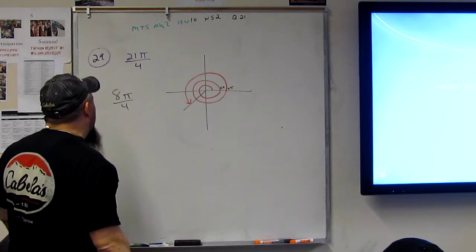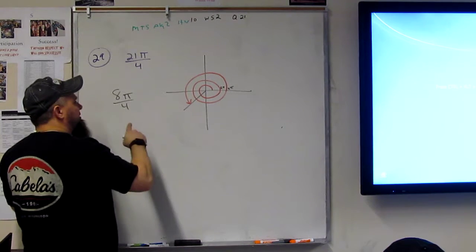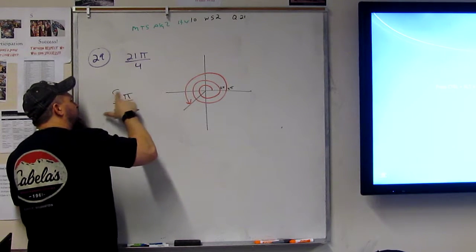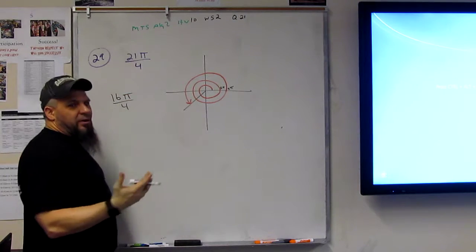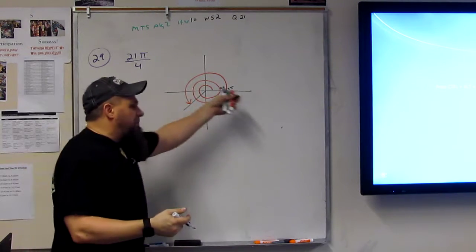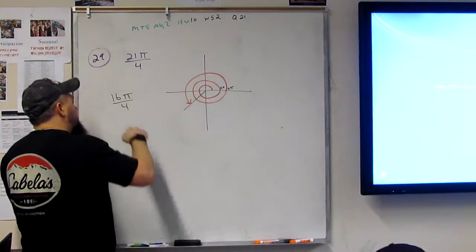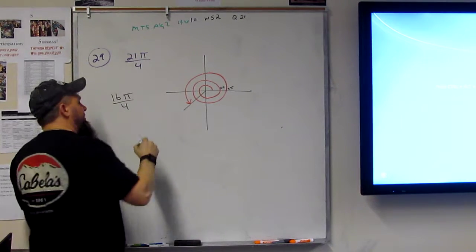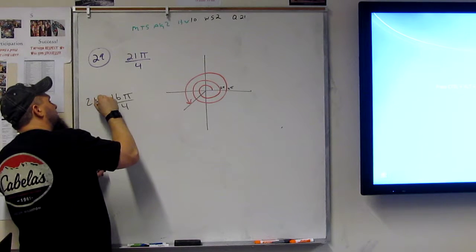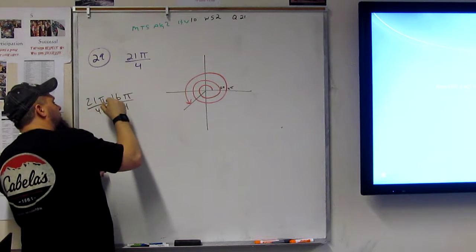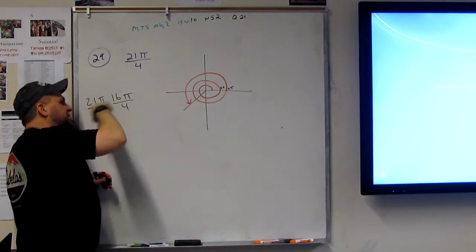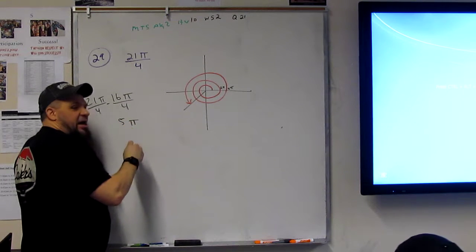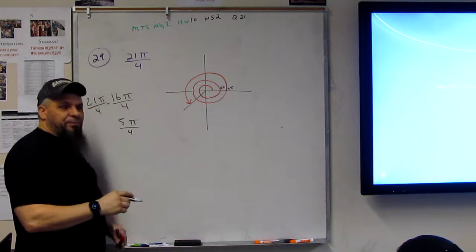So how many pi's are... no, that's only 2. That would be 16 pi over 4, right? That would be 4 pi, right? So 16 pi over 4, if I subtract that from 21, what am I left with? So I subtract that and I get how much is left? 5 pi over 4, right?